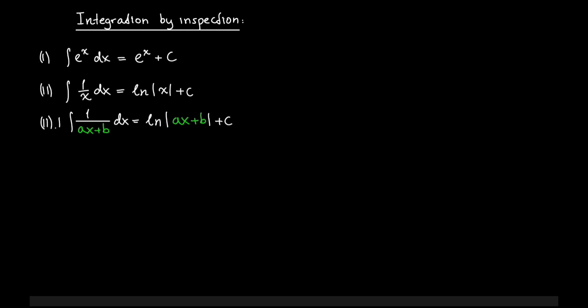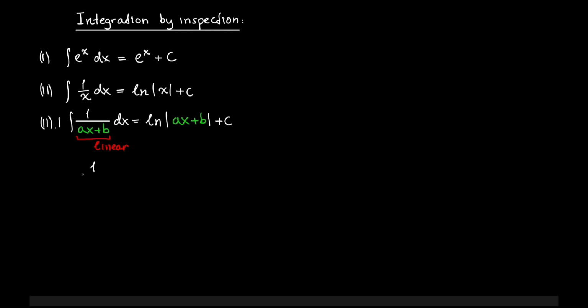However, there is one thing I would like for you to pay attention to. In this case of a fraction, the bottom part must be linear. It must be linear in order for this integral to be equal to ln.